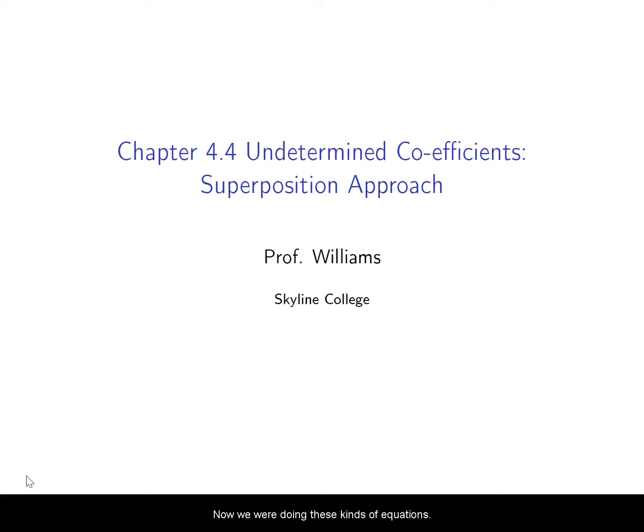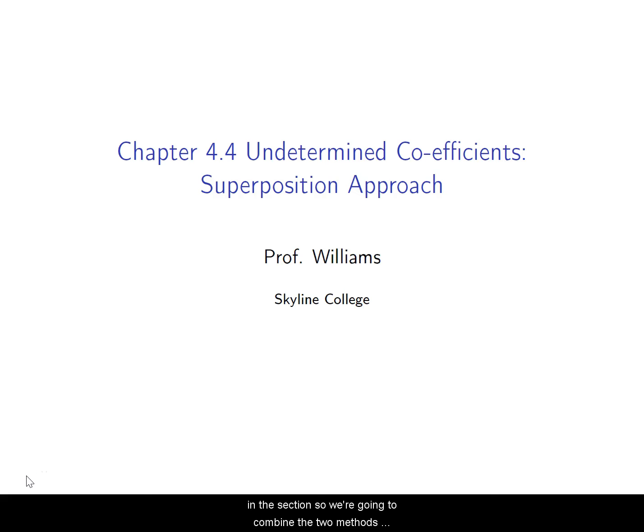Now, when we're doing these kinds of equations, we are assuming that the coefficients are constant. Just like in section 4.3, we're going to turn it into a polynomial, right? An algebraic equation that we're trying to factor in order to find the roots for it. Now, for the second half of our equation, where this approach comes in, is that we are solving non-homogeneous equations in this section.